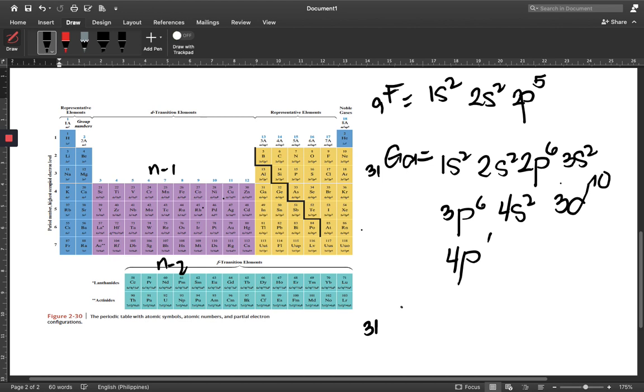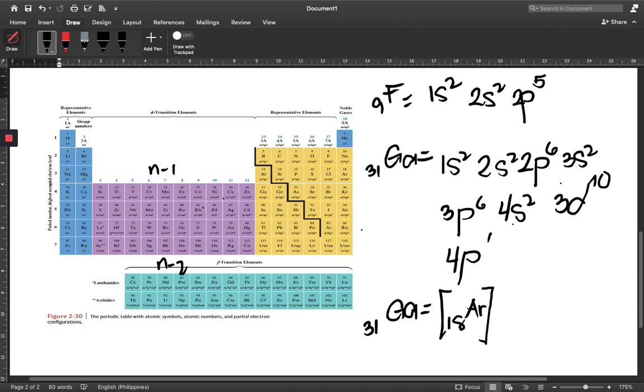So let's just write it here first, 31 gallium, and then we enclose that noble gas with a bracket. What's the noble gas right before gallium? It is argon, right? So 18 argon, Ar, and then close.